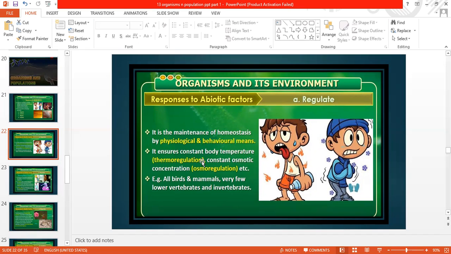It ensures a constant body temperature, that is thermoregulation, and constant osmotic concentration, that is osmoregulation. All birds and mammals, that is those who are warm-blooded animals, and very few lower vertebrates and invertebrates, can maintain constant body temperature.